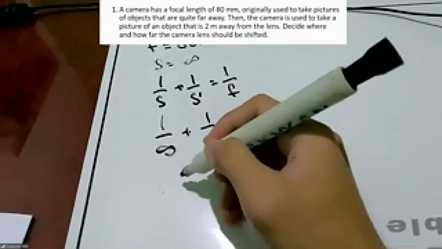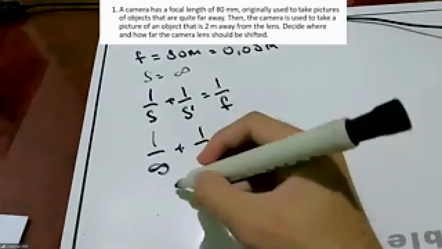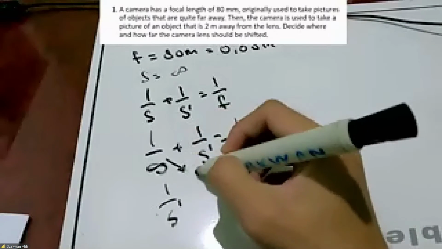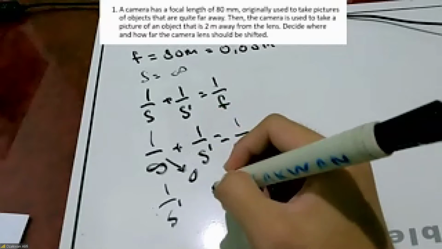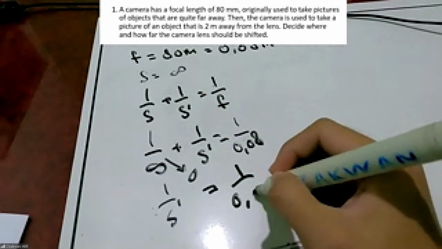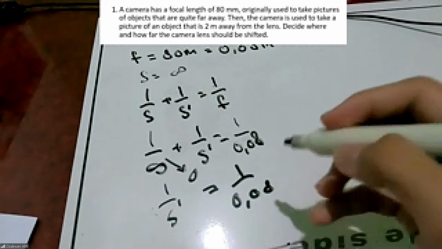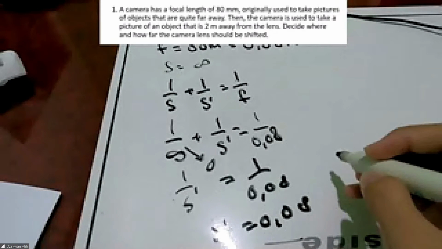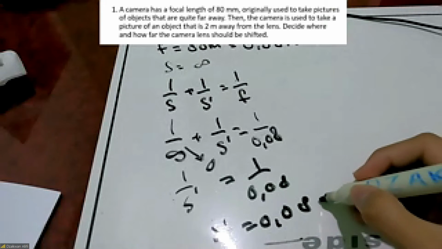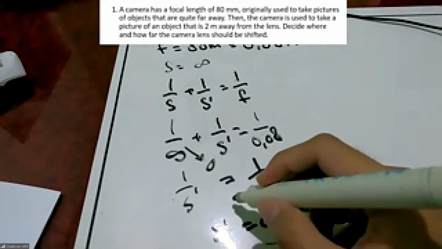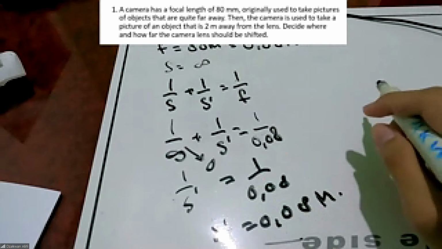Then we just count this 1 per s accent, because 1 per infinity is 0, so it's directly 1 per 0.08. After this, we know the s accent is 0.08.